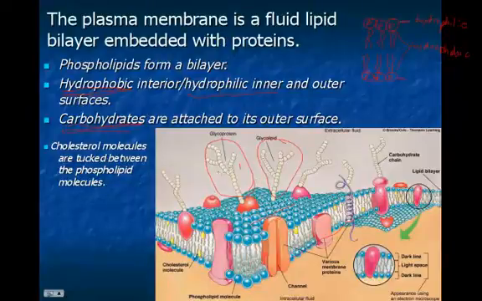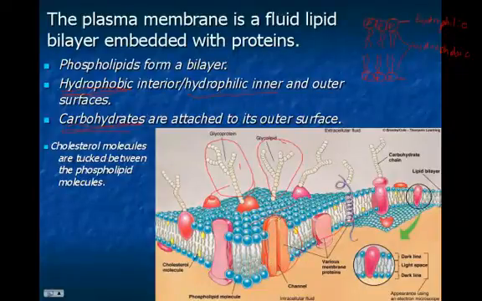So again, that just gives you an idea of how the membrane is constructed. And then if you look within this membrane, you see all of these things running smack dab through the membrane.